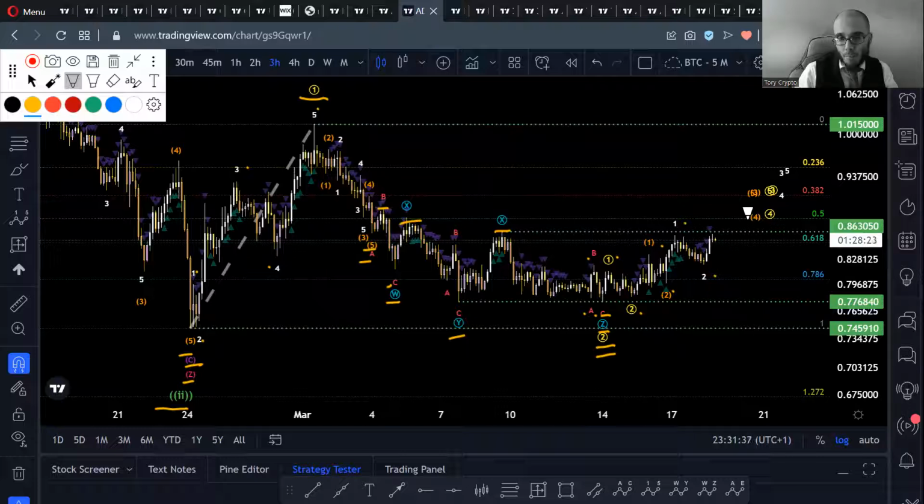But that's not the only way to count it. You can also count it as a leading diagonal. Then you would put a 1 here, a 2 here. Let me zoom in a little, it will be easier if I zoom in.